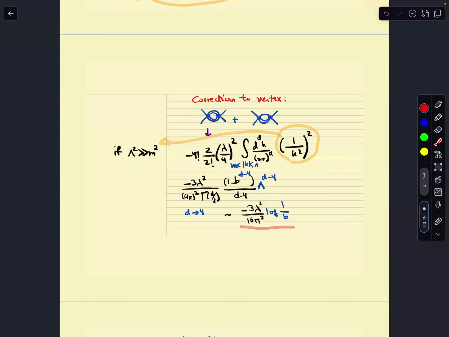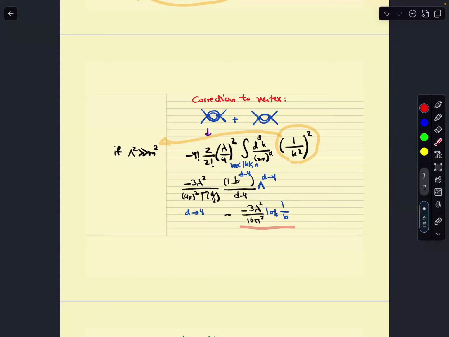This integral you could perform explicitly. It's just these gamma functions, 1 minus b to the power of d minus 4. Of course, these are coming from the lower and the upper bound limits of the integral, right? Now, I'm writing it this way because then in the limit of d going to 4, this is going to look like minus 3 lambda squared. This is the coupling, right? Because there are two vertices, right?